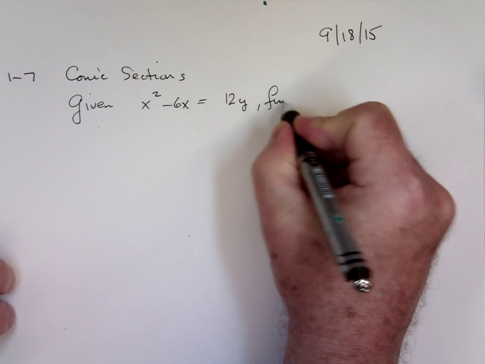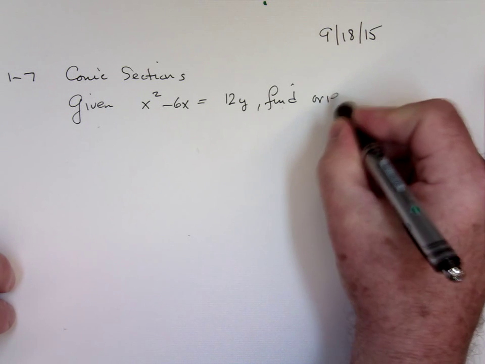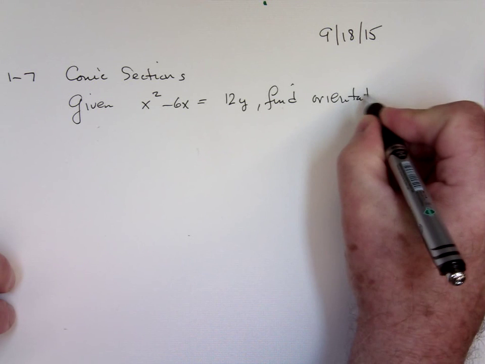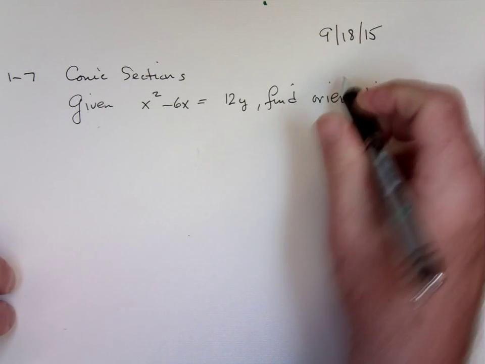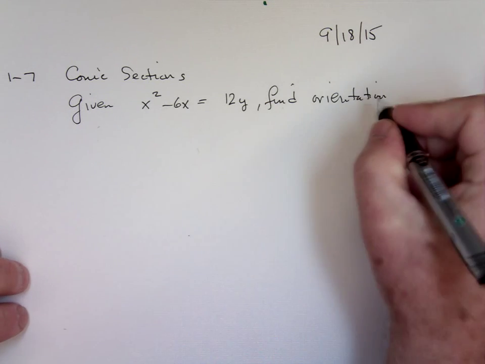Find orientation. And all it means is up, down, left, right, okay? That's all that means for the parabola. Okay, up, down, left, right.